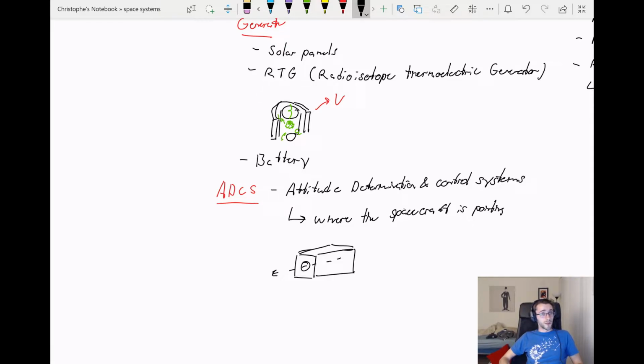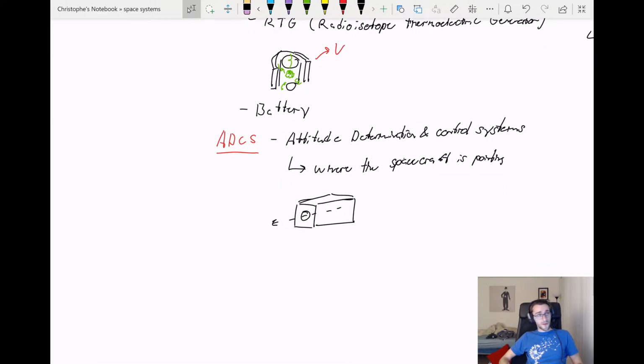If you don't know where you're looking, or you don't know where you want to look, you can't find anything with that camera. So this also comes into play with things like communication systems. If you've got directional antennas or ISL lasers, inter-satellite link lasers, you need to know exactly how your space vehicle is oriented, and you want to know how to control your attitude or the attitude of a particular component in order to point where you want it to point.